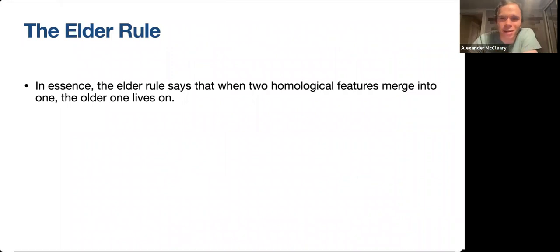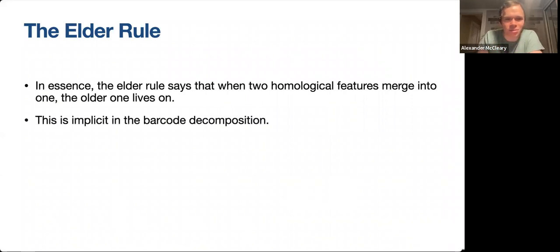It says that when two homological features merge into one, the older one is the one that lives on. This is something that's implicit in the barcode decomposition. You don't have to actually enforce this. If you do the barcode decomposition, you will see this as a result. It's not something we need to enforce, it's something that is naturally happening.